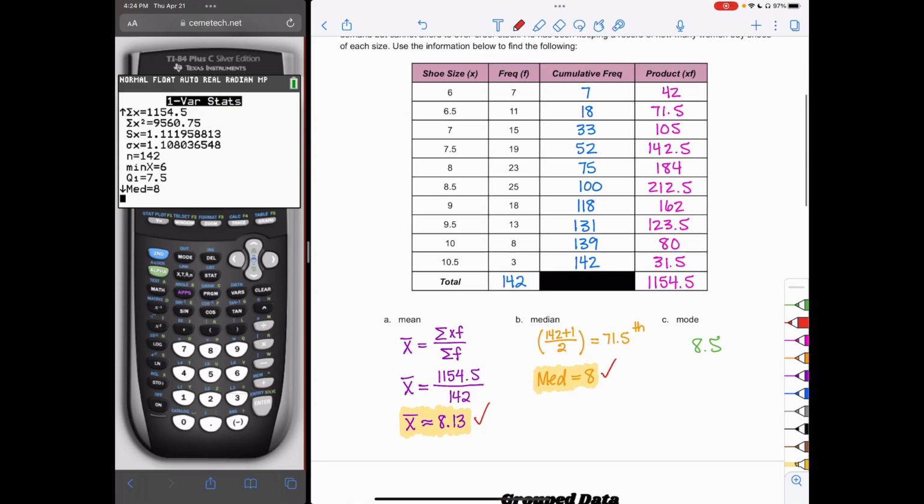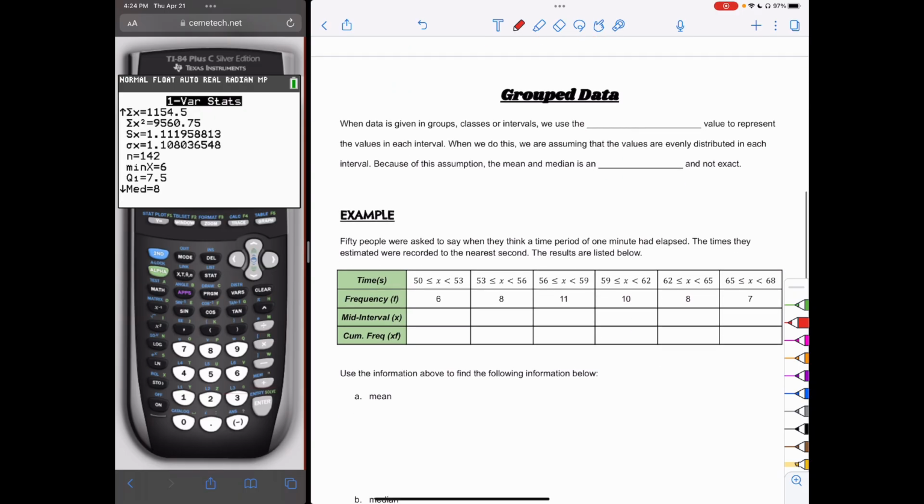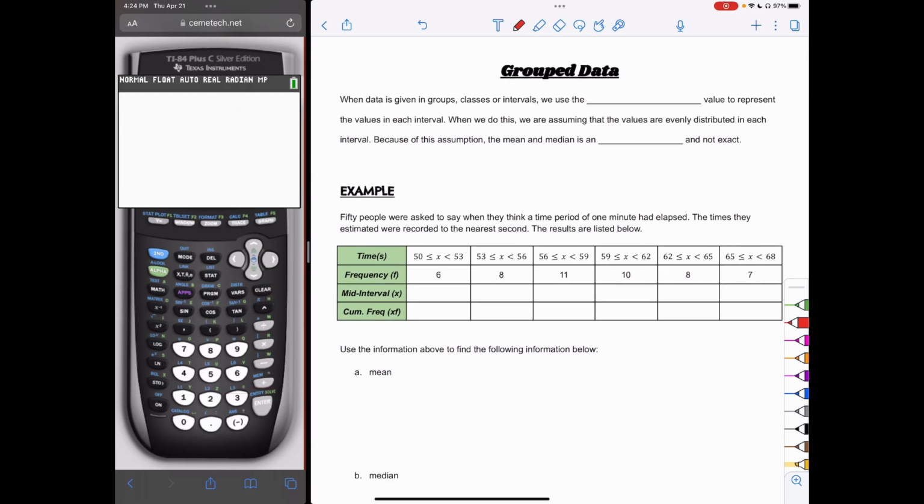All right. So next, we're going to talk about grouped data. When data is given in groups, we use the mid-interval value to represent the values that are in each interval. Basically, it's like you're picking a spokesperson to represent everyone in each category.